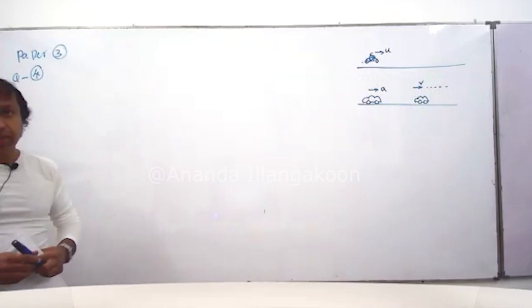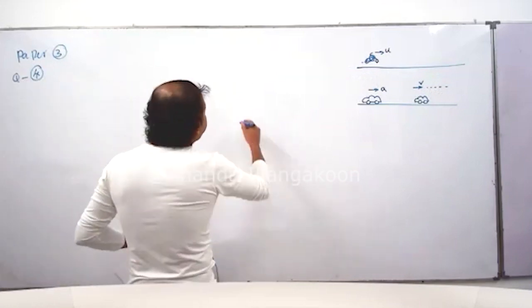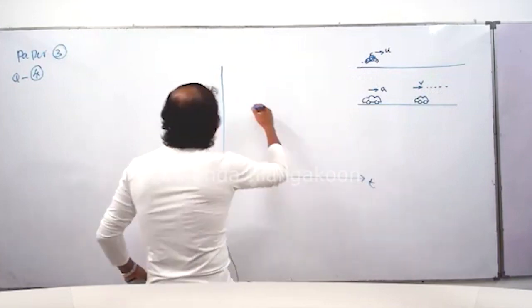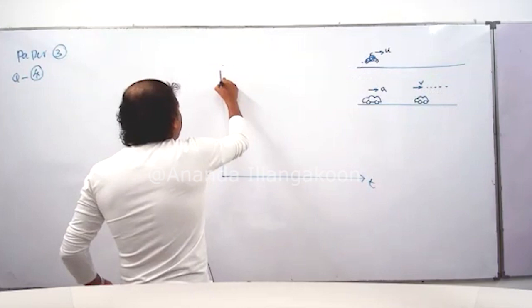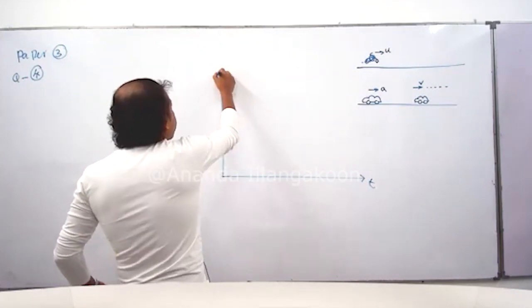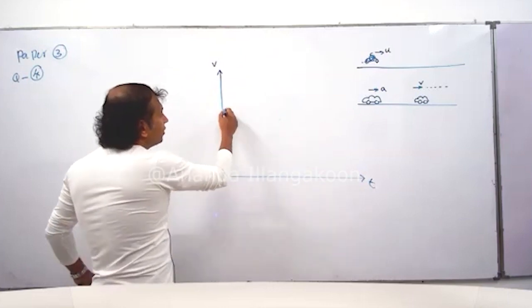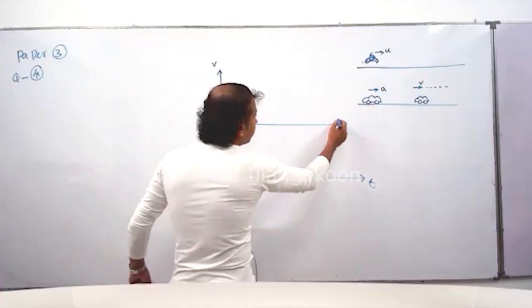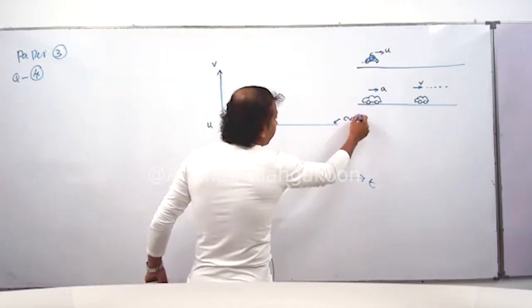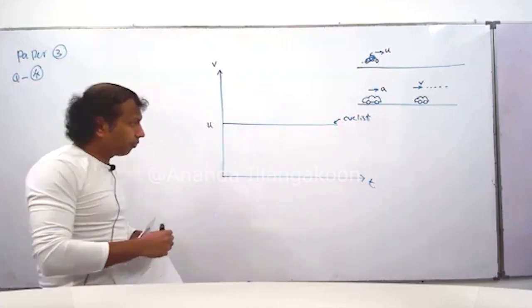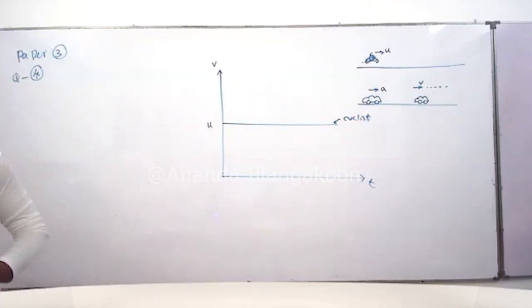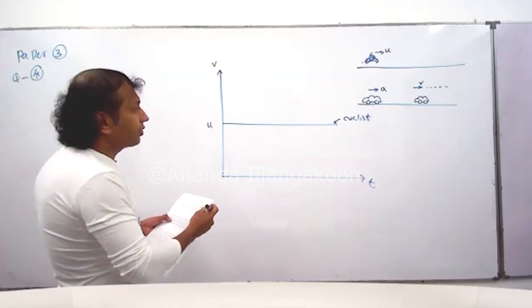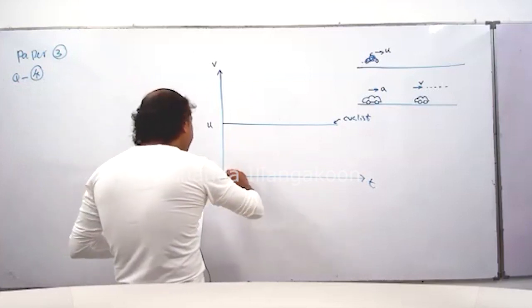So then, when you draw the VT graph, this is the time axis, this is the velocity axis. The cyclist is now moving with constant velocity u like this. Then the car starts from rest and moves with acceleration.